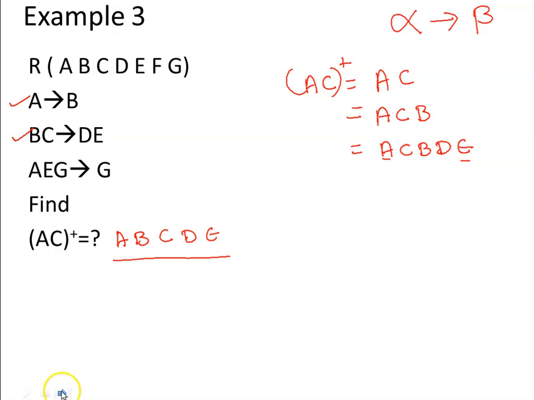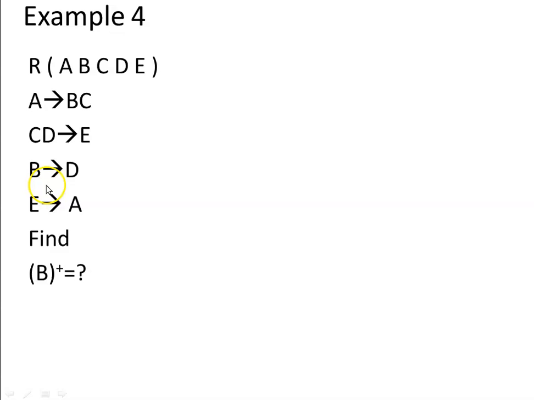Next example. For a given relation R where the attributes are A, B, C, D, E, given these FDs, find the closure on B. We use the same formula, alpha determines beta. Closure on B is B itself.